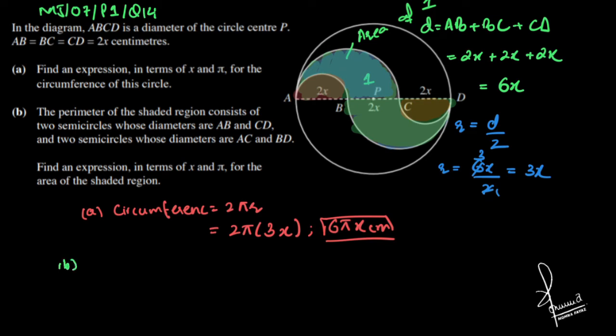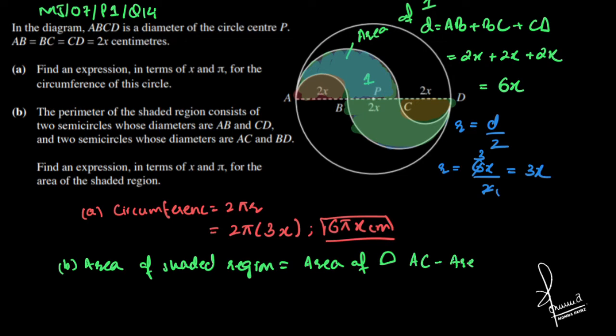So for part B, area of shaded region will equal area of semicircle AC minus area of semicircle AB.